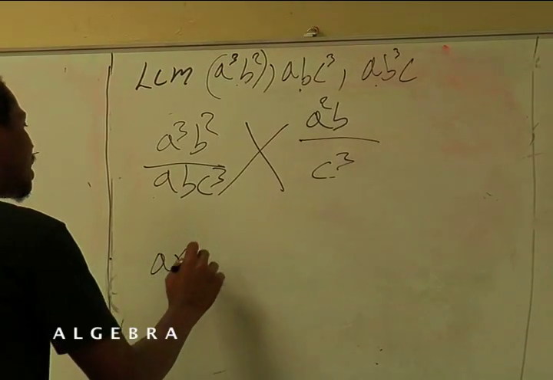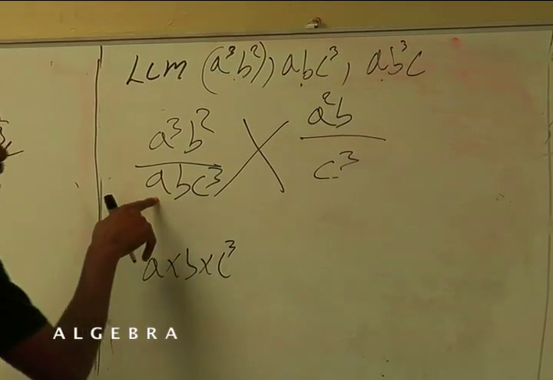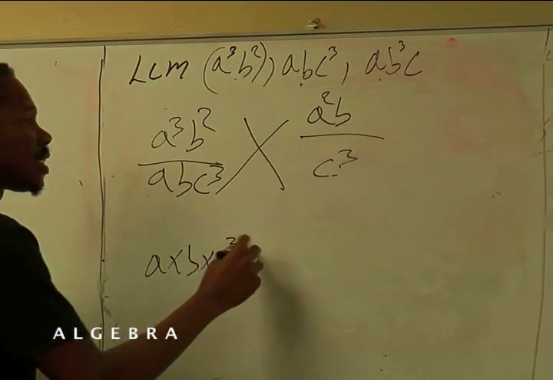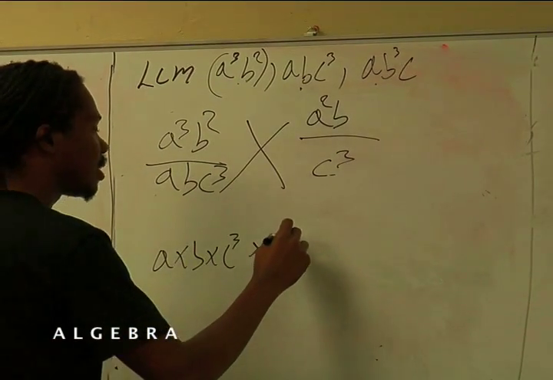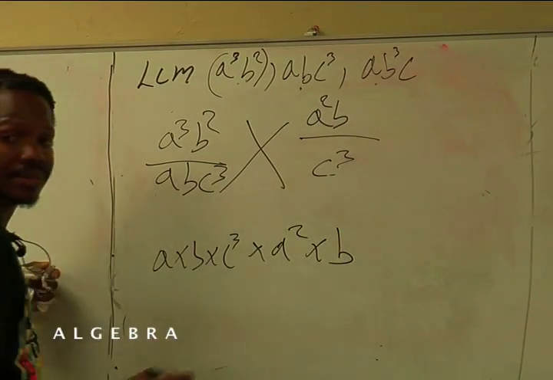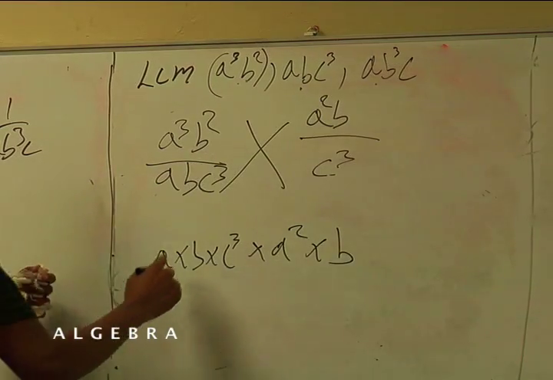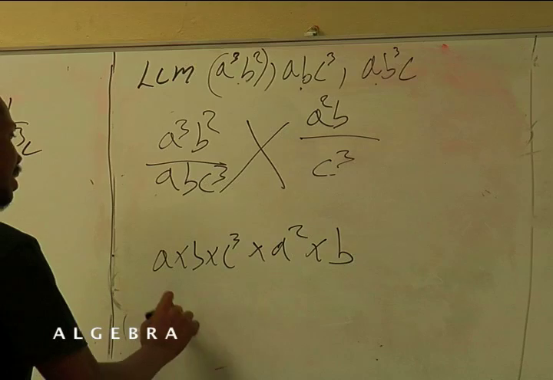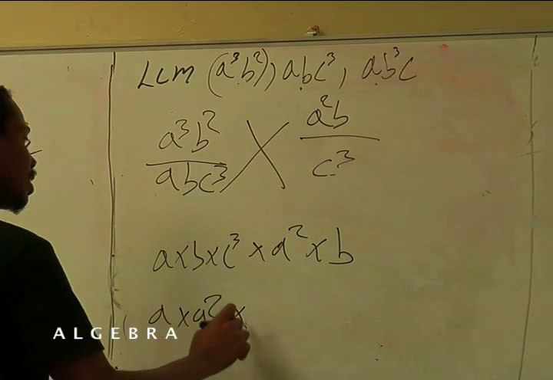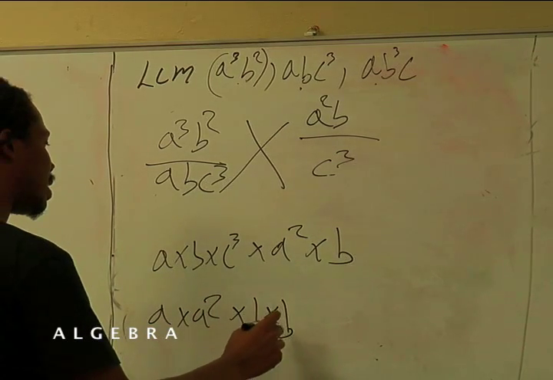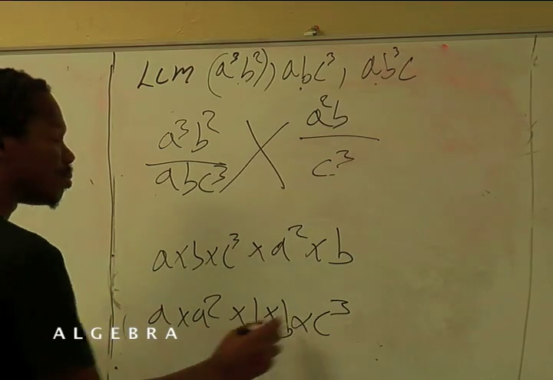A times B times C cube, which is this, times A square times B, which is this. Crisscross. We put them together. A times A square times B times C cube.